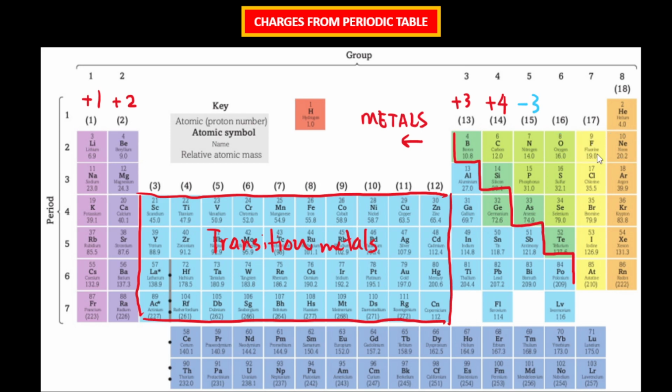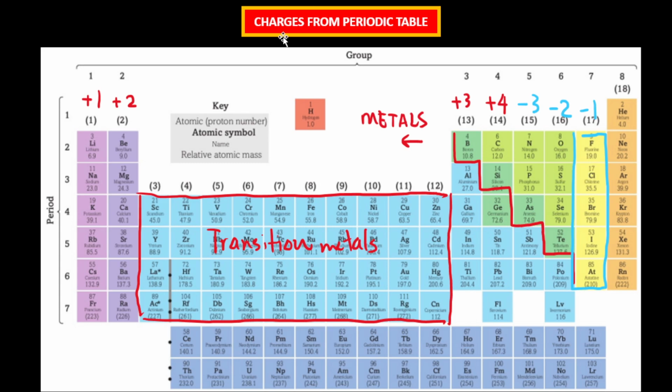In a similar way, group 6 will have a charge of -2, and group 7 will have a charge of -1, which are your halides: fluoride, chloride, bromide, iodide, astatide. These will all have a charge of -1.